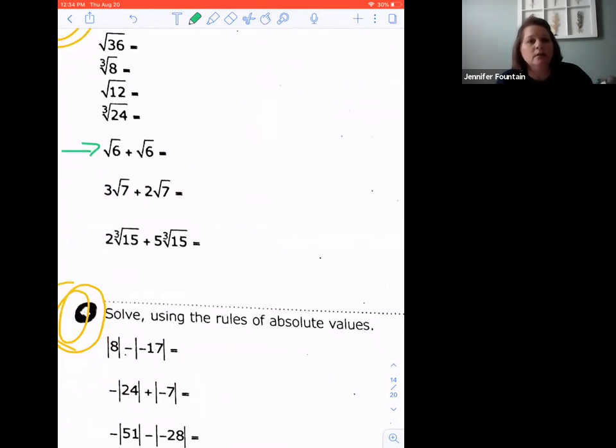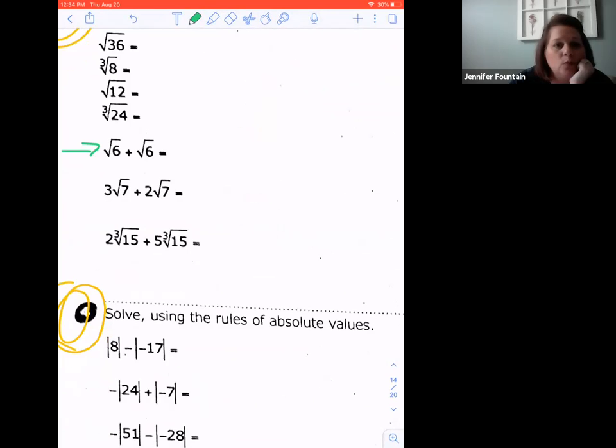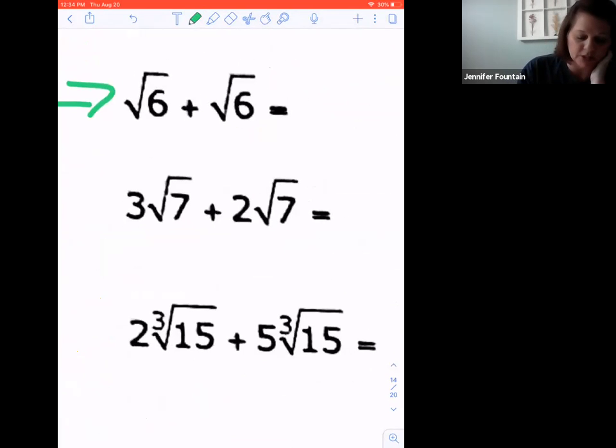When I'm adding, my index and radicand have to be the same. What whole number is in front of the square root of 6? The understood index would be 2, and that would be part of my radical.